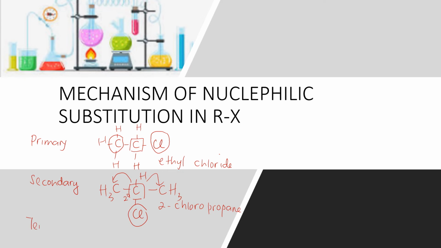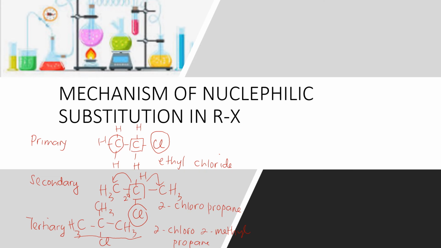For the tertiary halogenoalkane, the X or halogen is attached to a carbon that is attached to 3 carbon atoms. For example, the simplest, we have 2-chloro-2-methylpropane because of 3 carbon atoms.